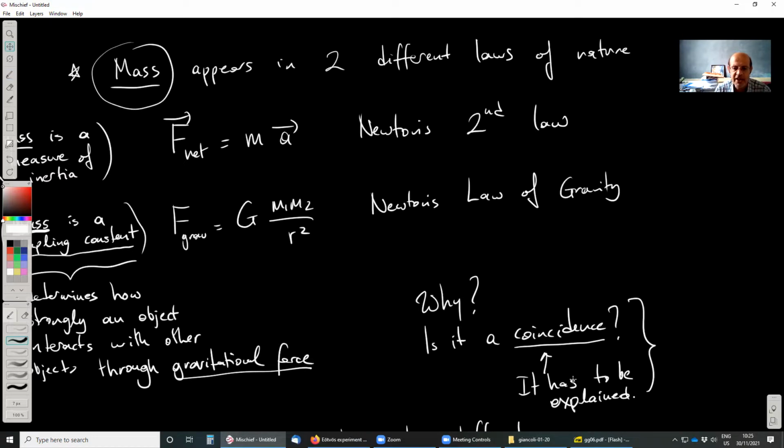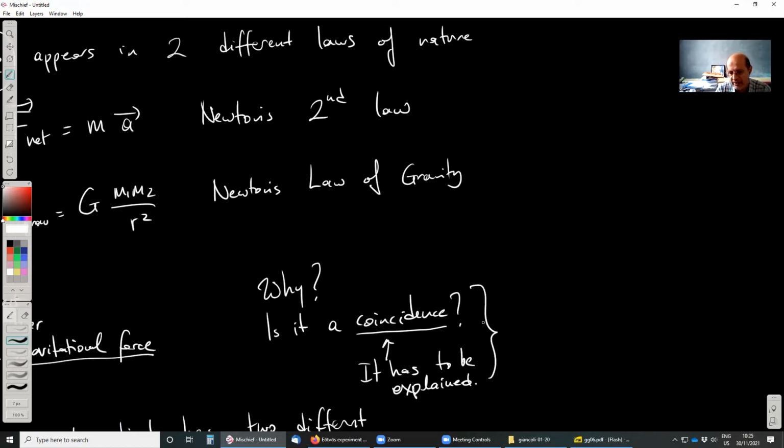Einstein was the one that used this in his arguments, this weak form of equivalence principle. The explanation of gravity is called general relativity.